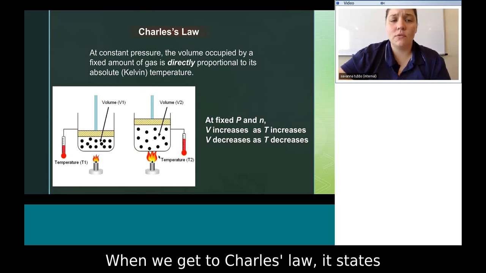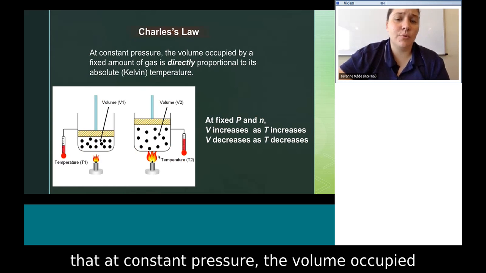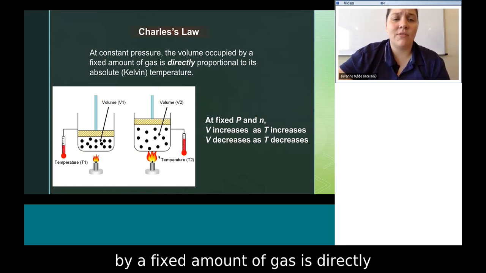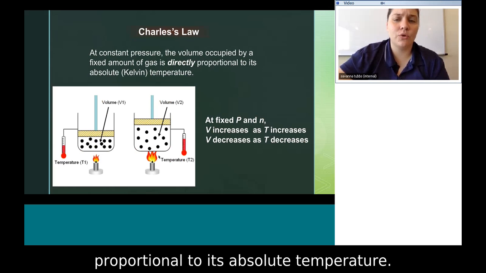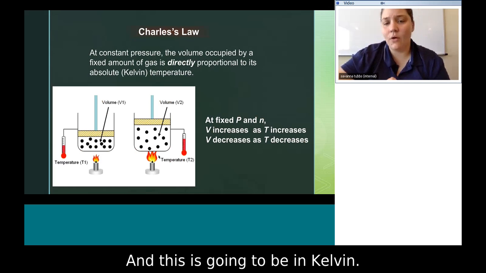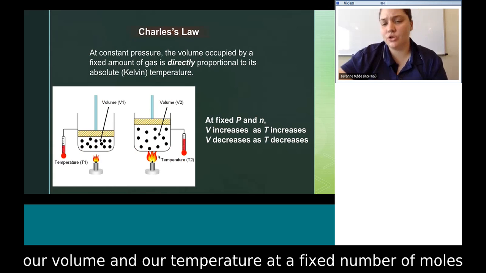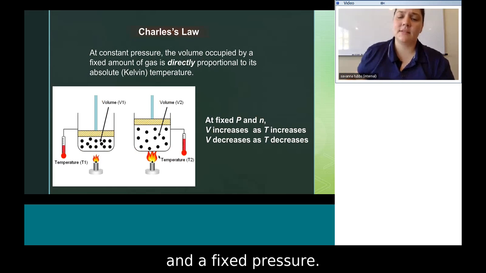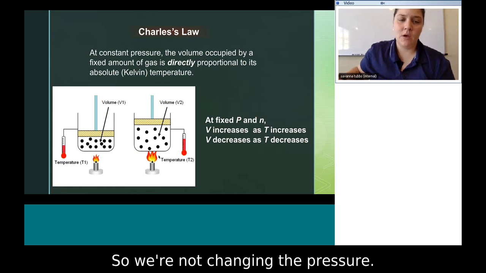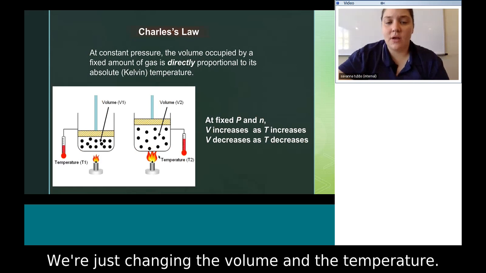When we get to Charles' law, it states that at constant pressure, the volume occupied by a fixed amount of gas is directly proportional to its absolute temperature, and this is going to be in Kelvin. So it's saying that we're relating our volume and our temperature at a fixed number of moles and a fixed pressure. So we're not changing the pressure, we're just changing the volume and the temperature.